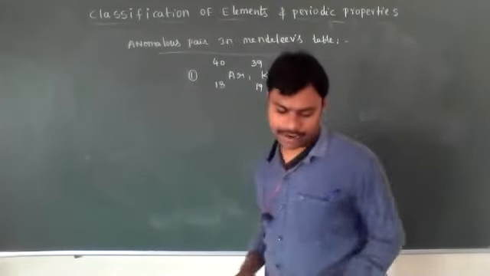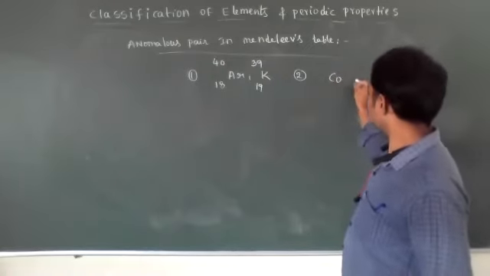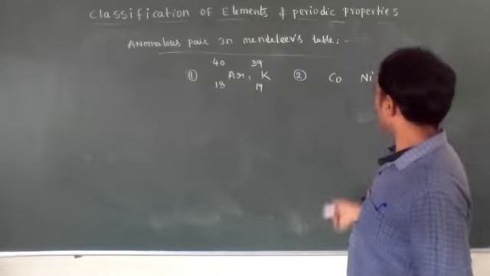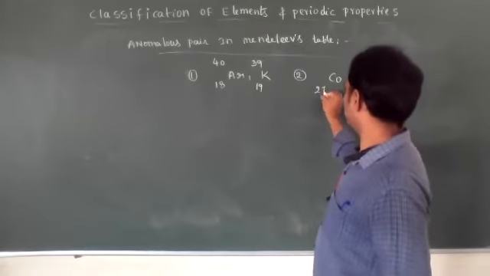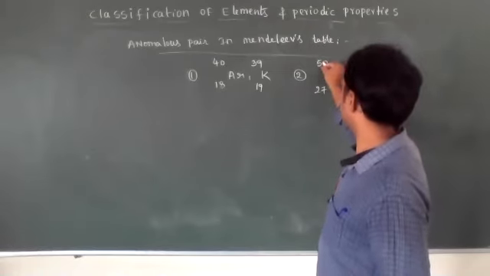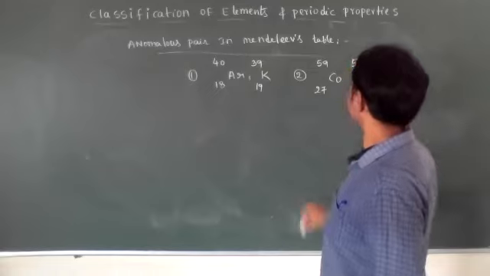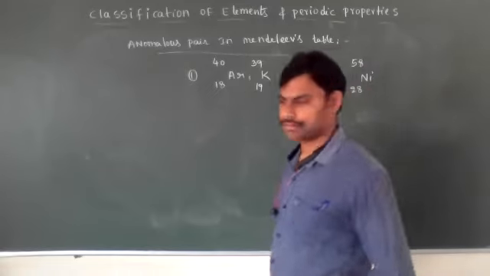The second one is cobalt and nickel. Cobalt is 27, with atomic weight 59. Nickel is 28, with 58. This is another abnormal pair.